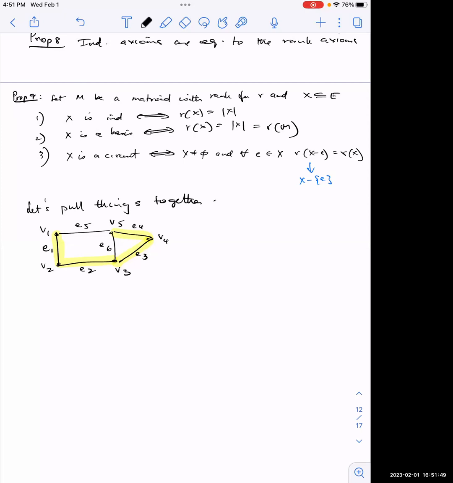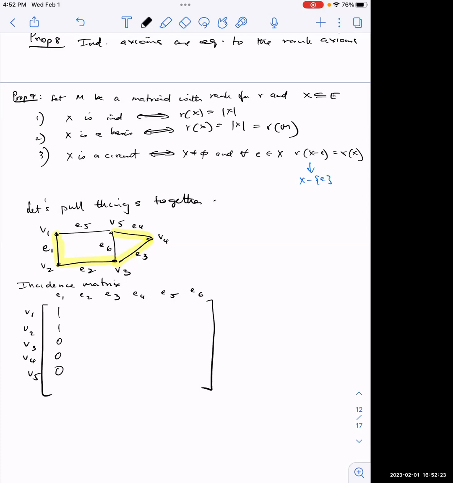So let's write the incidence matrix. So this is the incidence matrix, with columns E1, E2, E3, E4, E5, E6 and rows V1, V2, V3, V4, and V5.